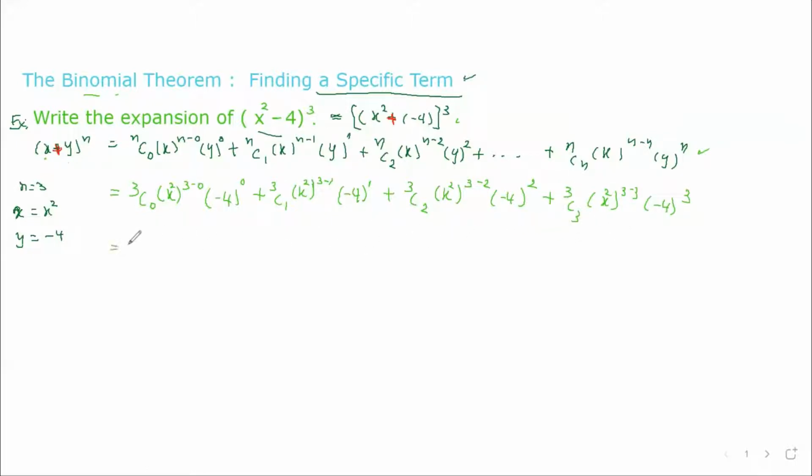So now we simplify. 3C0 is 1, and this one is x power 2 power 3. Negative 4, any base power 0 is always 1. Plus the second term, 3C1 is 3, right? So x power 2, with power 2 from 3 minus 1, and this one power 1 of negative 4.